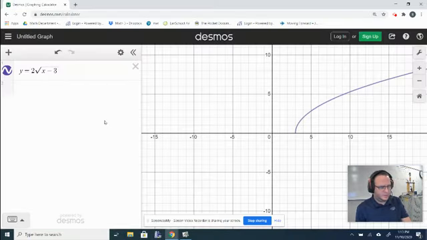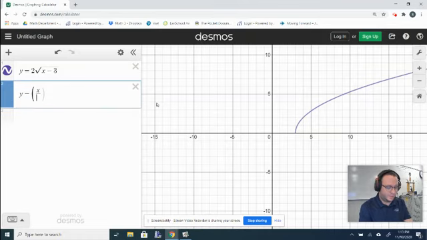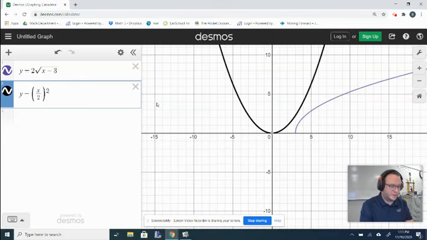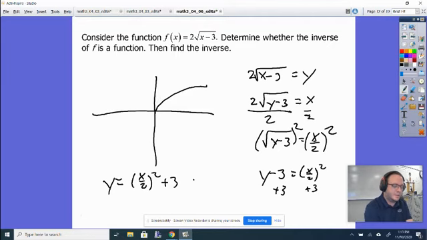Let's look and see what this looks like. So I've got y is equal to x divided by 2 quantity squared plus 3. Well, again, I ran into this problem now where half of it kind of works. So I need to be careful here, and I need to say that x needs to be greater than or equal to 0.